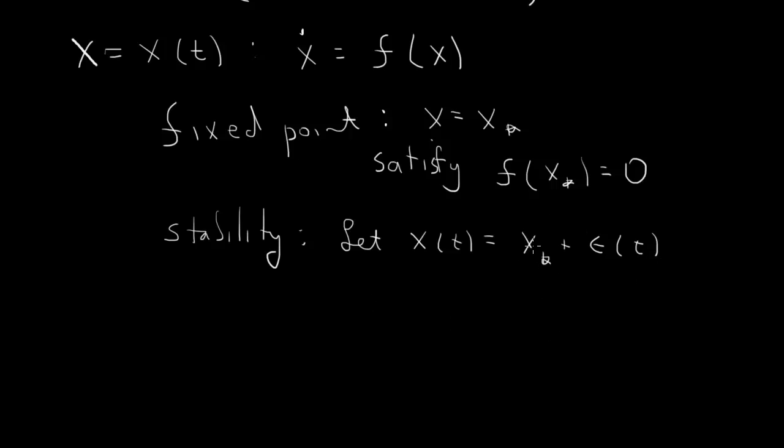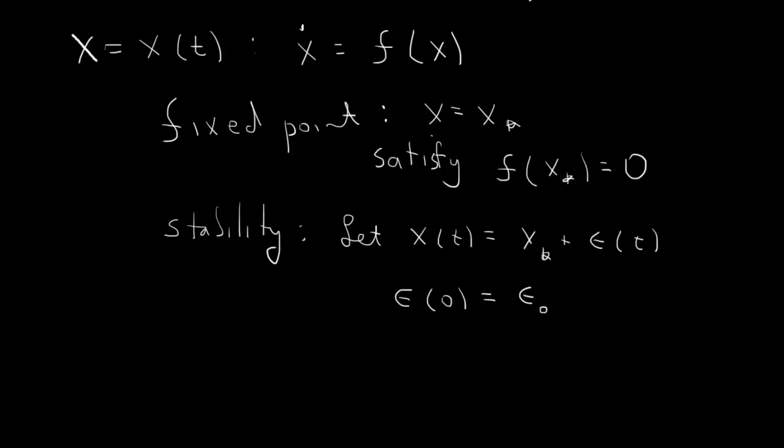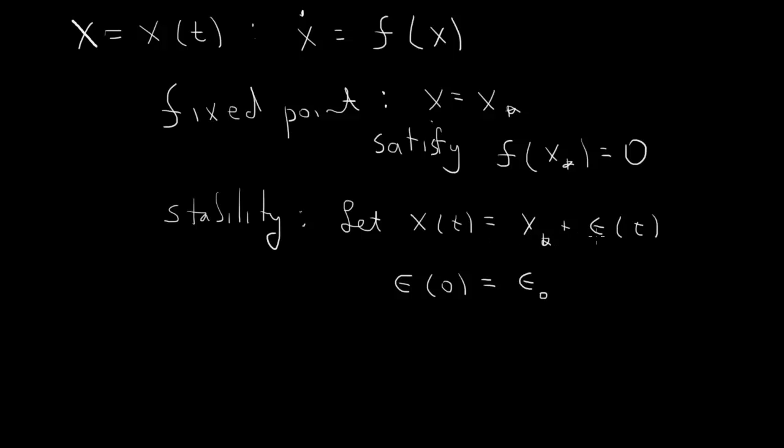So we perturb x star. At t equals 0, we have some perturbation, so epsilon of 0 is supposed to be some small perturbation, which I'll call epsilon naught. So now the question becomes what happens to epsilon as we solve the differential equation.